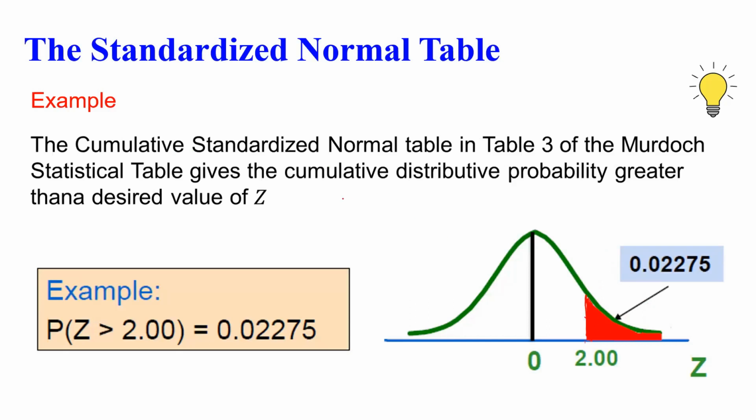Also you can use the calculator. I will show you how to find it. As we know, P(Z > 2.00) can also be written as 1 minus P(Z < 2.00).